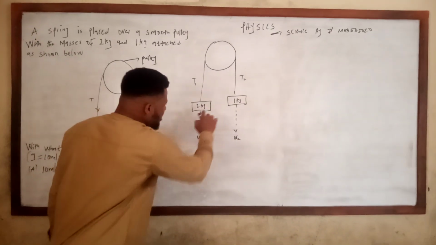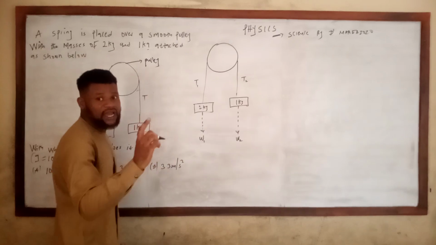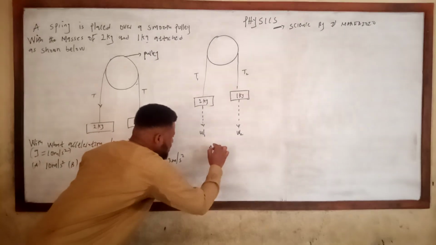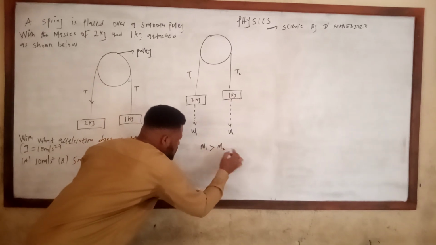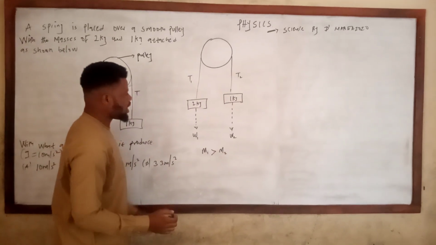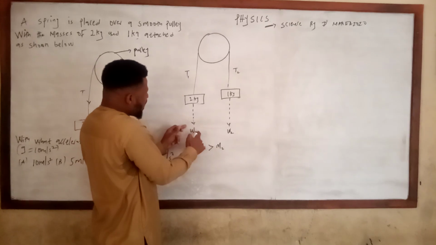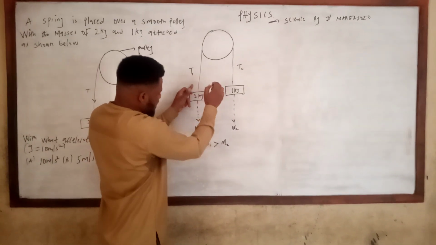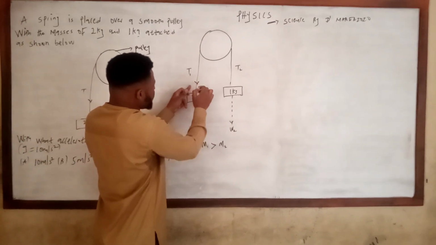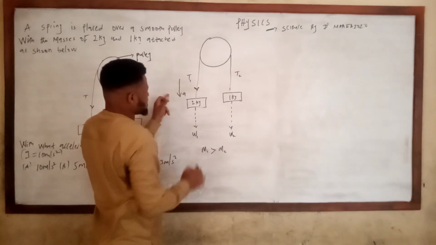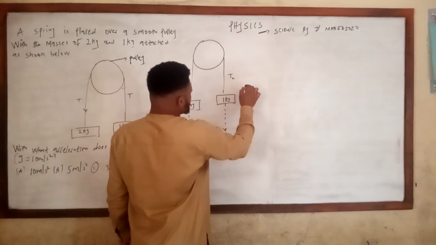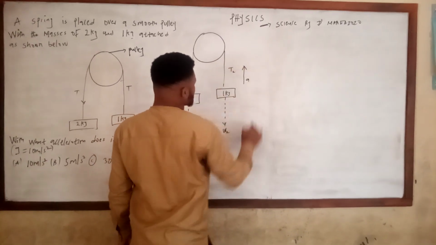If you observe the respective masses, you will realize that M1 is greater than M2. As such, M1 has a downward acceleration, and M2 has an upward acceleration.